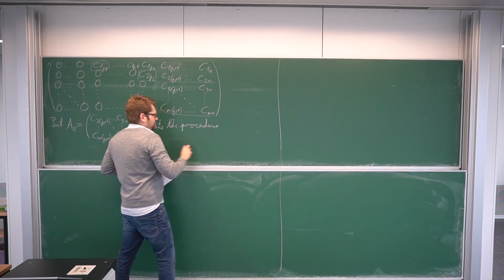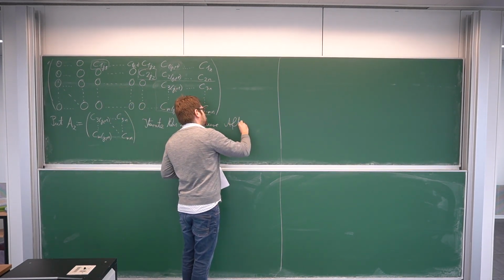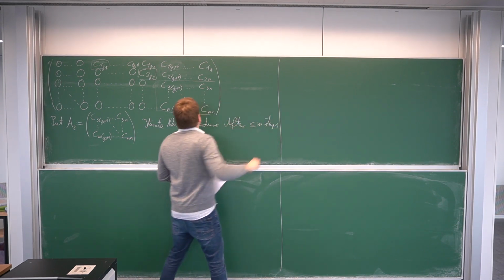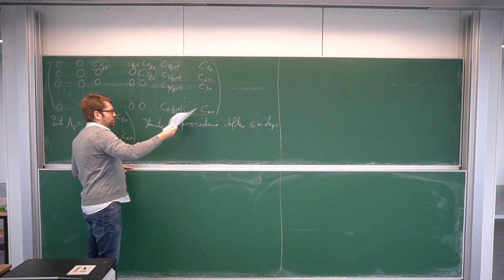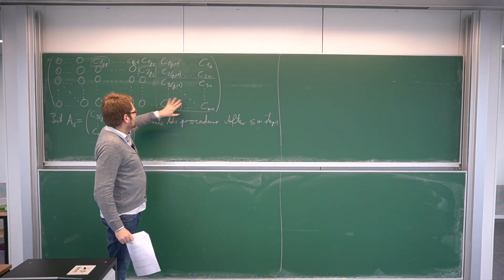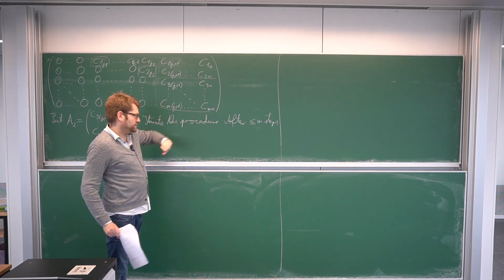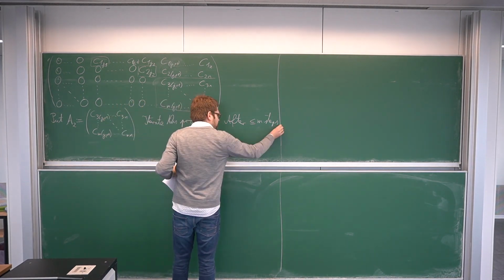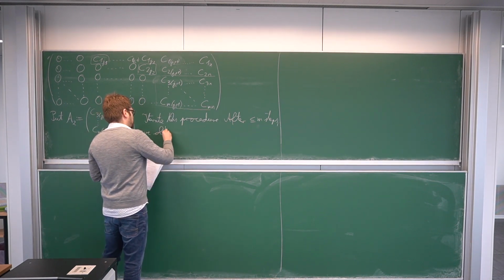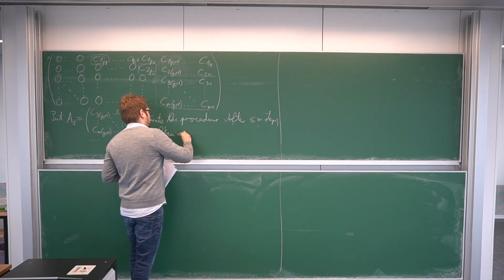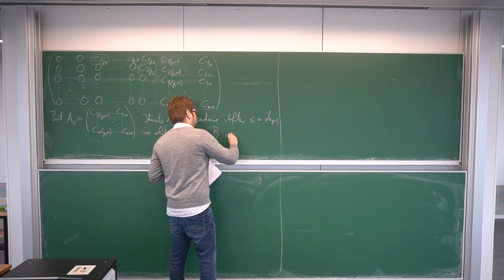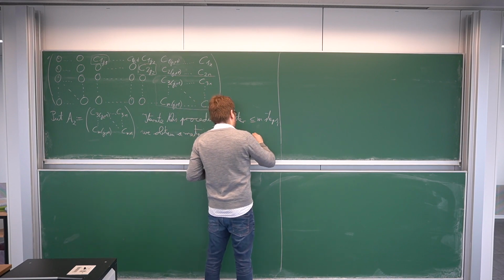And we iterate this procedure, and after at most m steps, it might be that we need the full number of steps, but it might also turn out that at some point we don't have any columns left. If you reduce everything, there's only zeros left, so we can stop earlier. So after at most m steps, we obtain a matrix B in row echelon form.